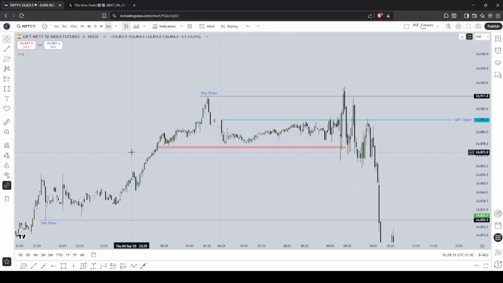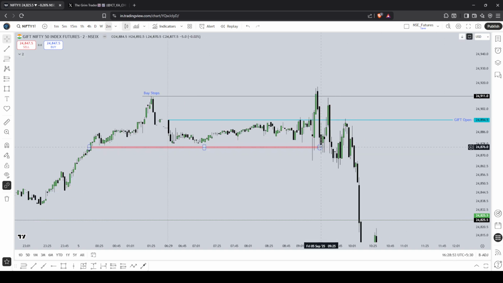You'll have to train your eyes to be able to see it. See, this swing low formed here. This got taken out over here with a displacement. You can call this your model 2022 short. Enter short here after these buy stops were purged in AM open.